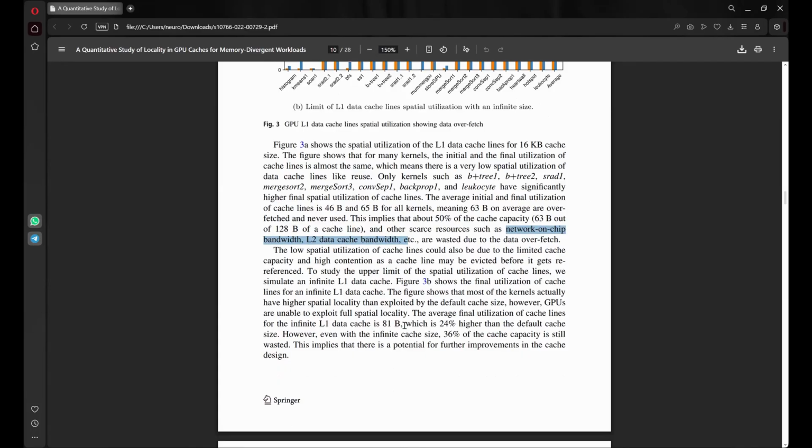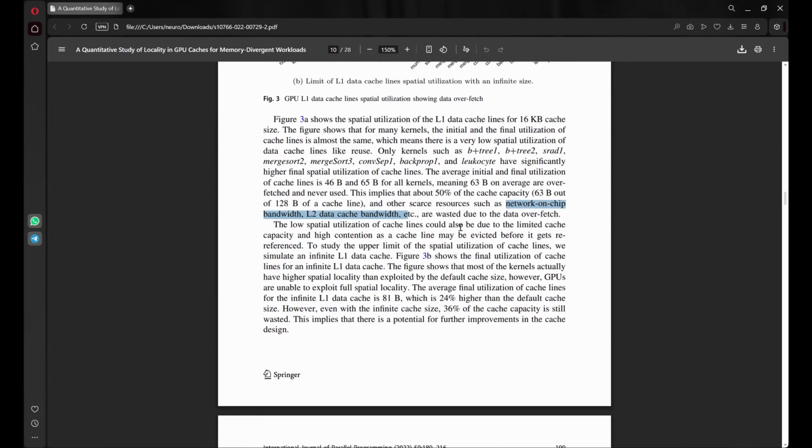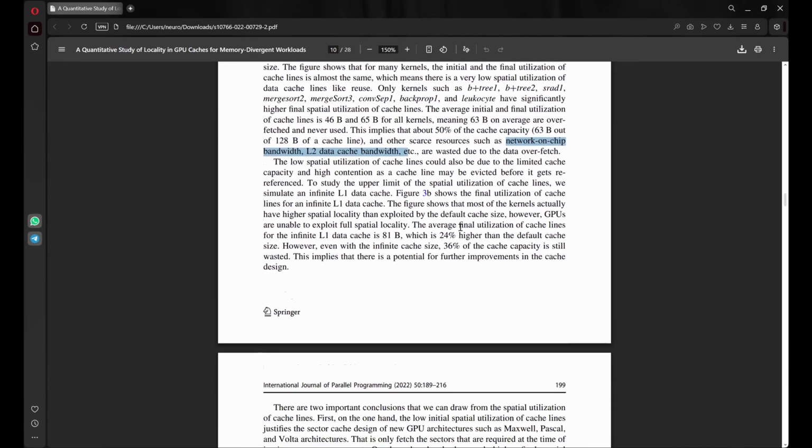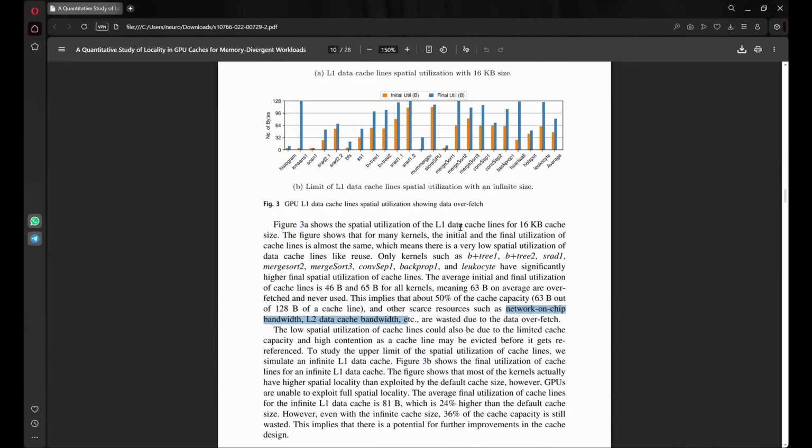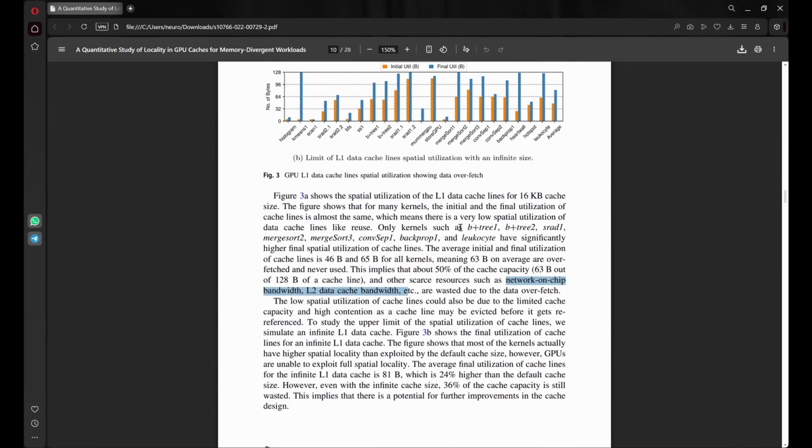Low spatial utilization could also be due to limited capacity and high contention, as a cache line may be evicted before it gets re-referenced. So they did the infinite size simulation as well. The initial utilization is obviously going to be the same, but the final utilization with infinite cache size comes out to about 81 bytes, which is 24% higher than the 65 we saw.